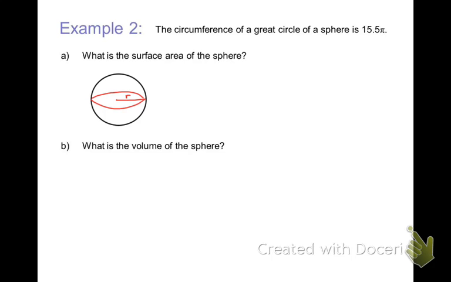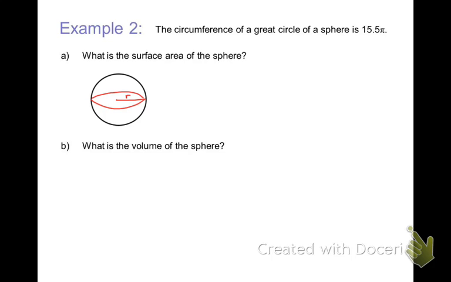And I need the radius of the great sphere. Was I given the radius of the great sphere? But what was I given? So how can I find the radius if I know that the circumference is 15.5 pi? What do you know about a circumference in terms of the radius? 2 pi r. Right.